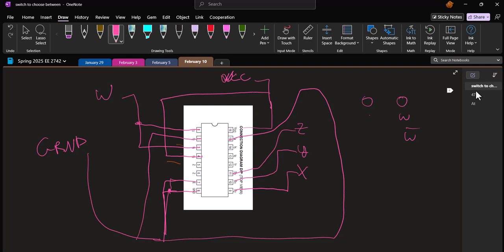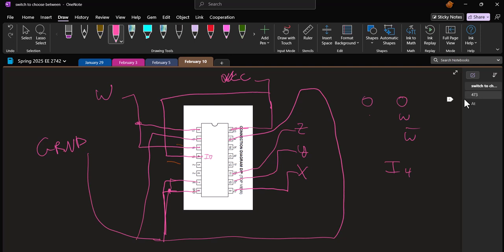How's 4 ground and VCC? 4 is not VCC. I'm talking about I4, not pin 4. Pin 4 corresponds to input 0.